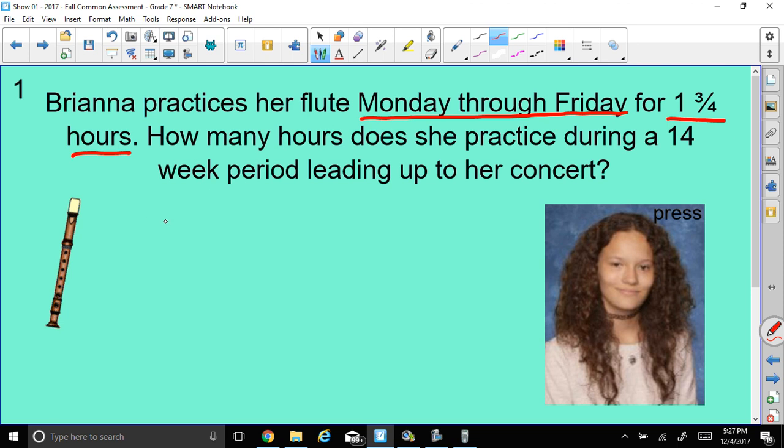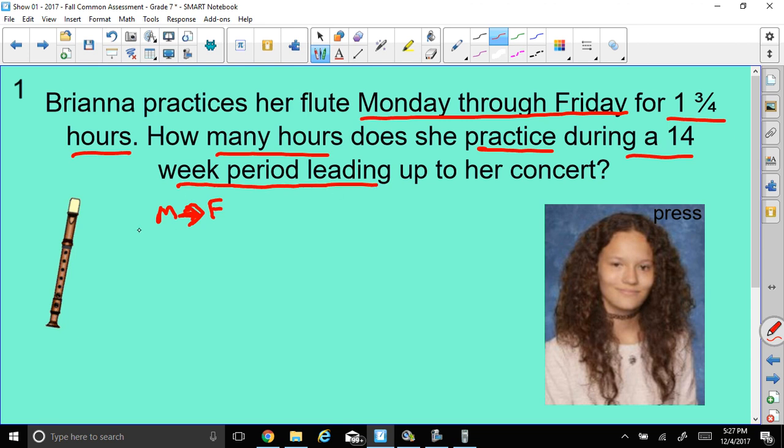Okay, so Monday through Friday. It's a terrible looking arrow. How many hours are we looking for that she practices during a 14-week period? And that's leading to her concert.